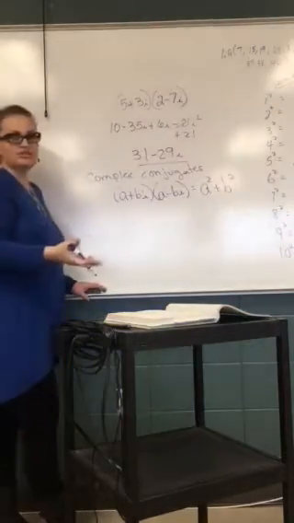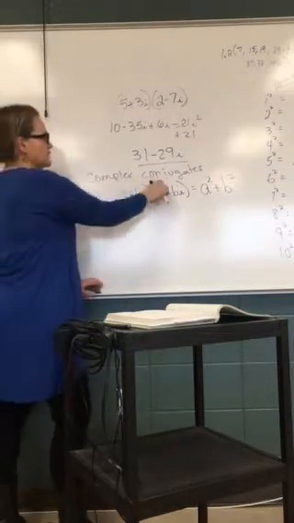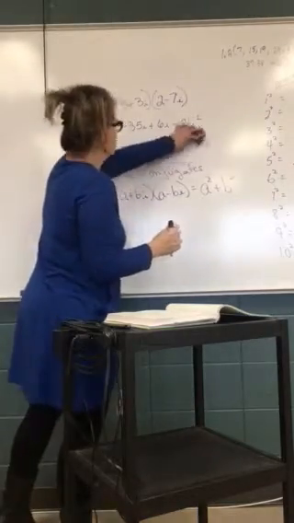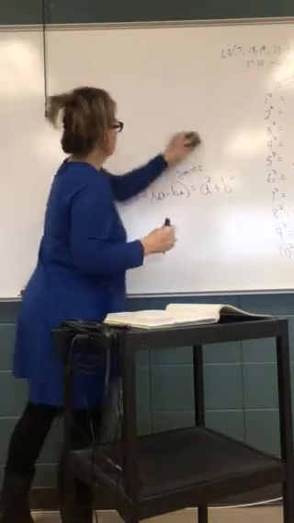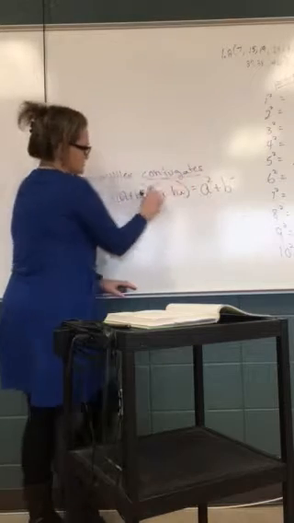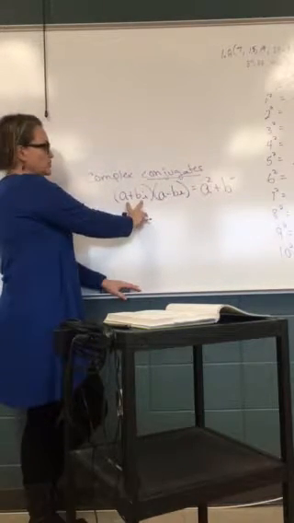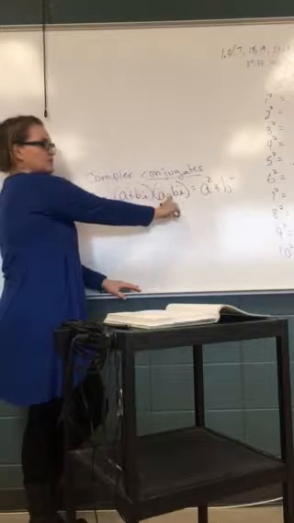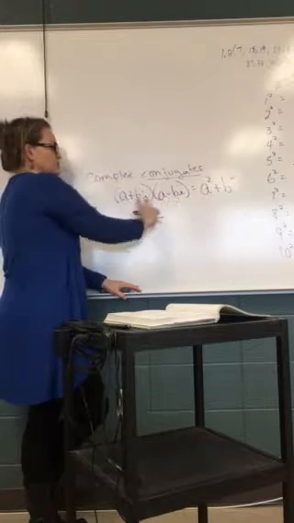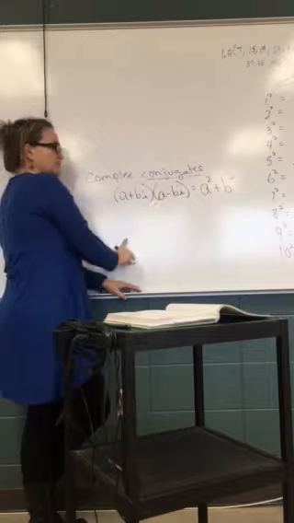It gets rid of the imaginaries, basically. So multiplying by a conjugate, and let me talk to you a little bit about that. A conjugate means that you've got 2 terms, a binomial, one is plus and one is minus. They're the exact same 2 terms, but one's plus and one's minus.